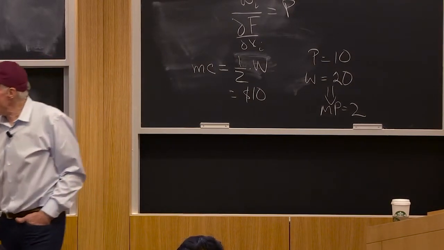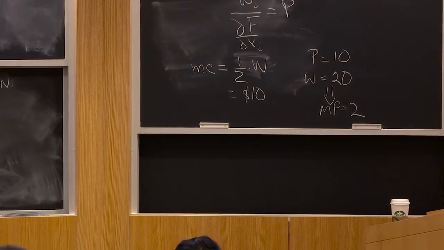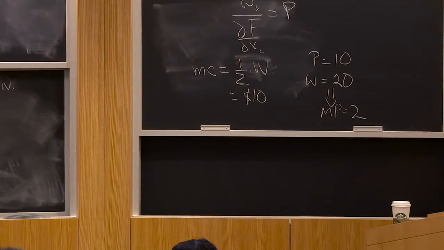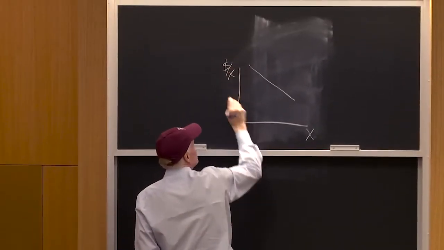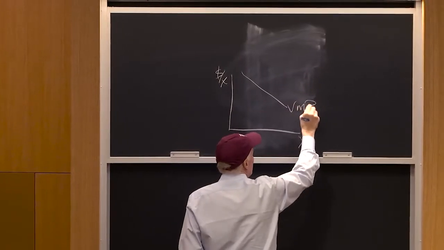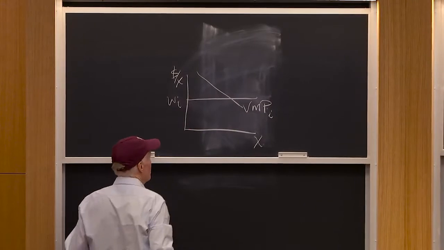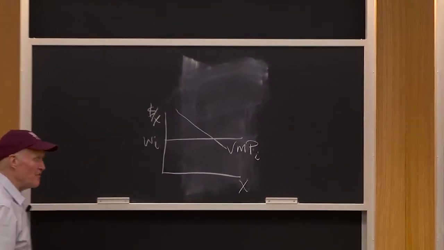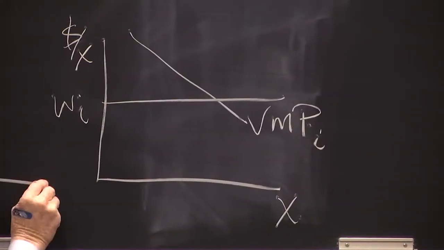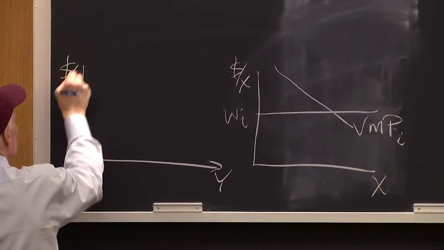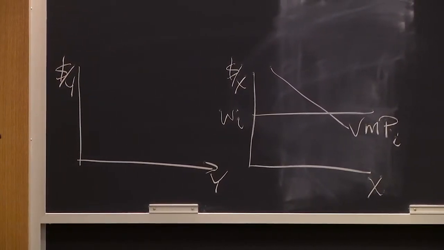There's no distinction between the two. They're just two ways of looking at the same equation. In fact, the way I did this equation, I put X on this axis, and dollars per unit X on this axis. This is the value marginal product of i. Here's Wi. If I wanted to make a marginal cost graph, what would I do? I'd put Y on this axis, dollars per unit Y on this axis.